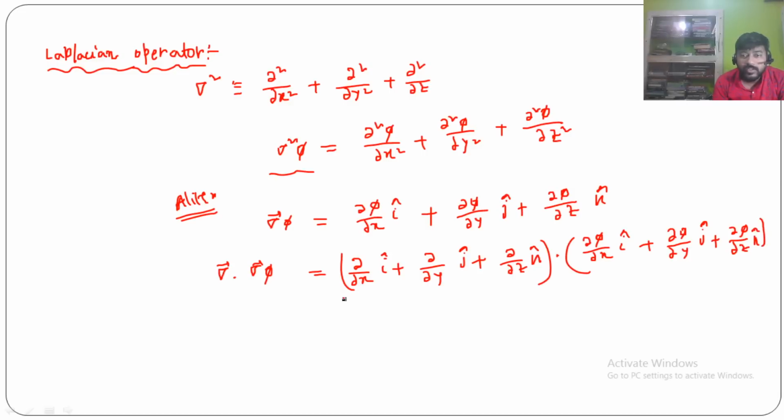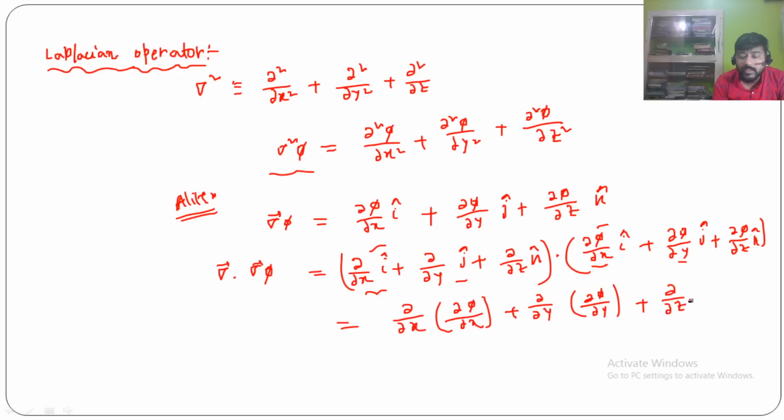Taking the dot product, del x with del phi del x, then del y with del phi del y, plus finally del z with del phi del z.